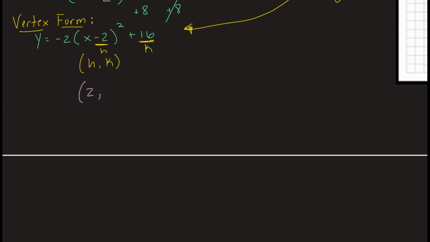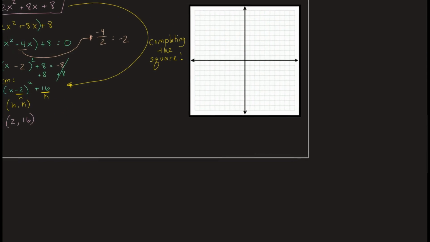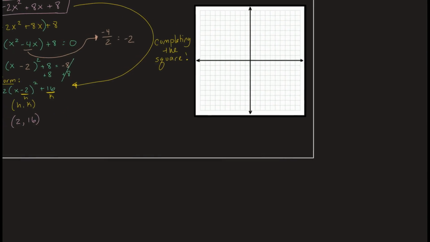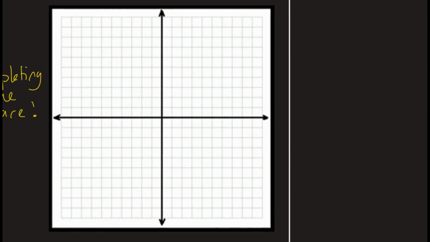It is a +2. But our k value is 16. So if I'm going to quickly graph that, 2, 16. Now, this graph is too small to graph 16, so it is going to go up by 2s. So I'm going to go up by 2, so that's our 2, and then I have 2, 4, 6, 8, 10, 12, 14, 16. I'll draw that on the other side. So 2, 16, that's our vertex right there.